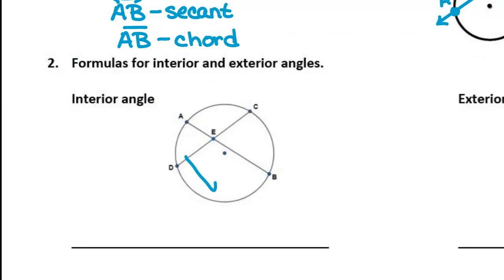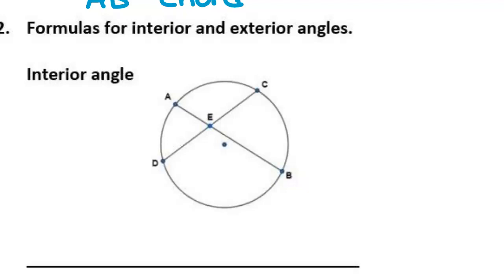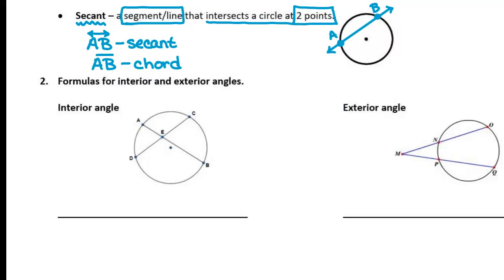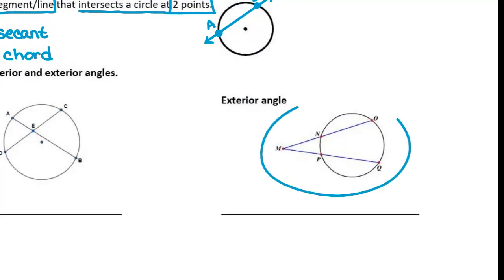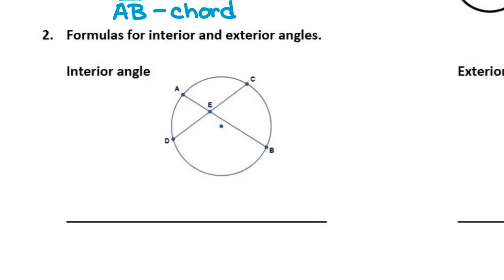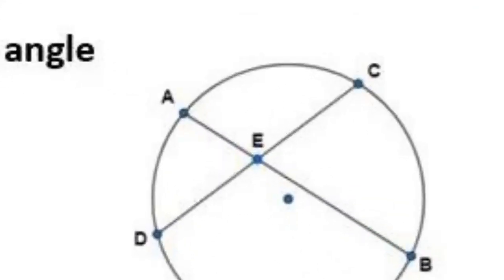All right. So chords and secants can intersect inside my circle, like this picture, or they can intersect outside my circle, like this picture over here. If my chords or my secants intersect inside my circle, I'm going to go ahead and label these angles 1, 2, 3, and 4.